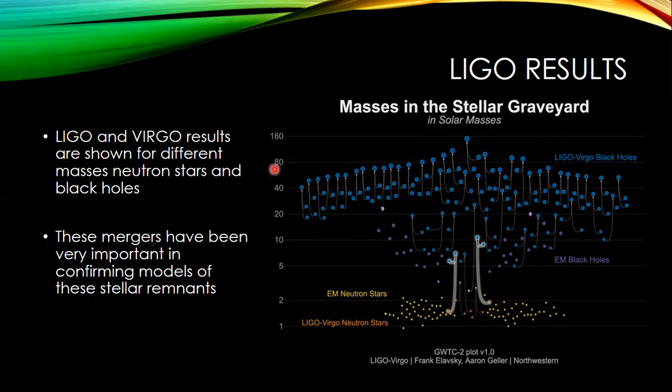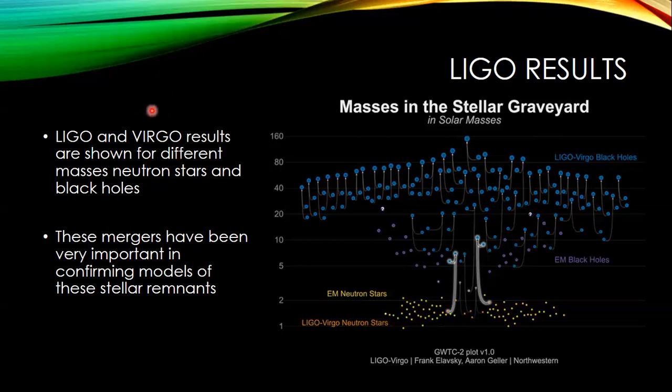Again, one of the observatories is located in Louisiana. The other one is located in Washington. So they're far enough away such that any local events can be ruled out.